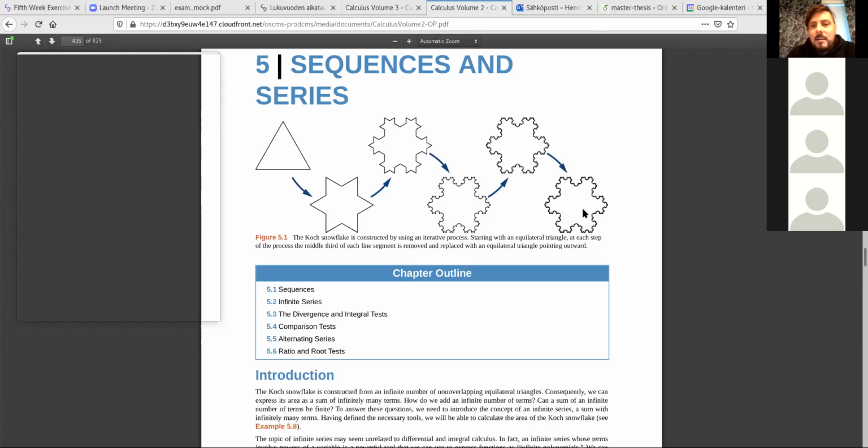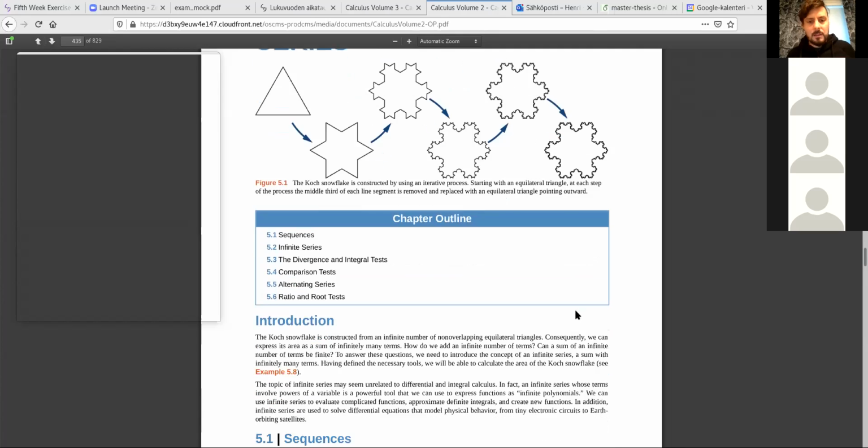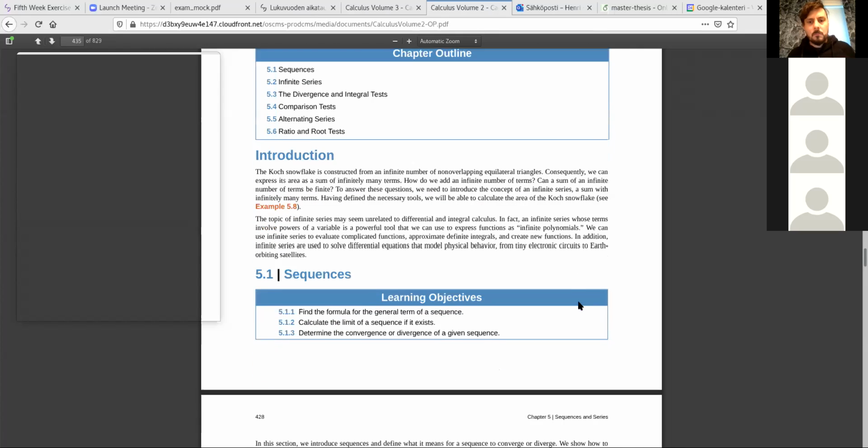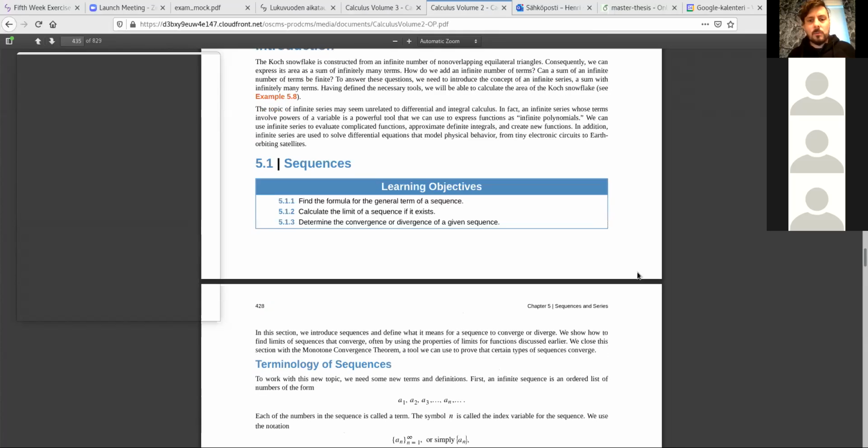But the length of its boundary approaches infinity because it becomes bigger and bigger. We can talk about that later. We'll talk about sequences now.